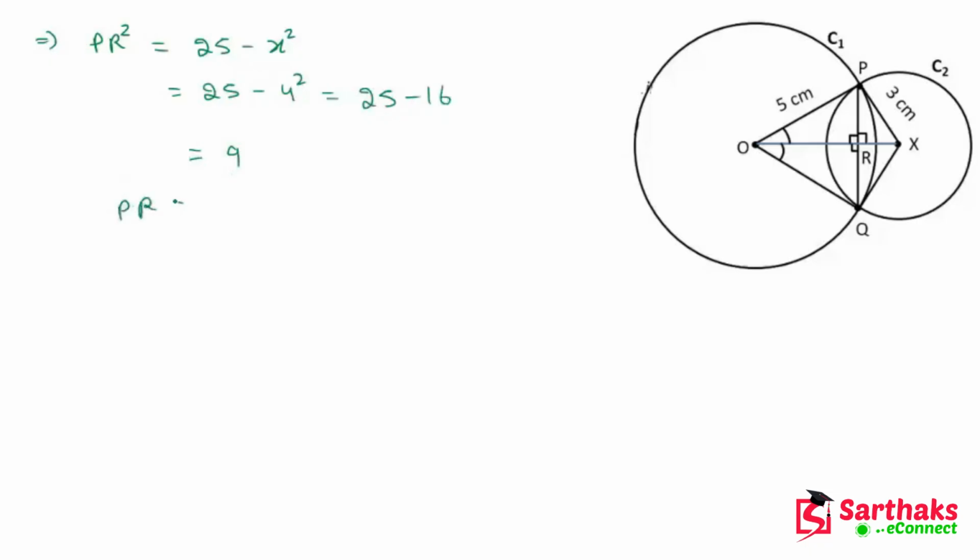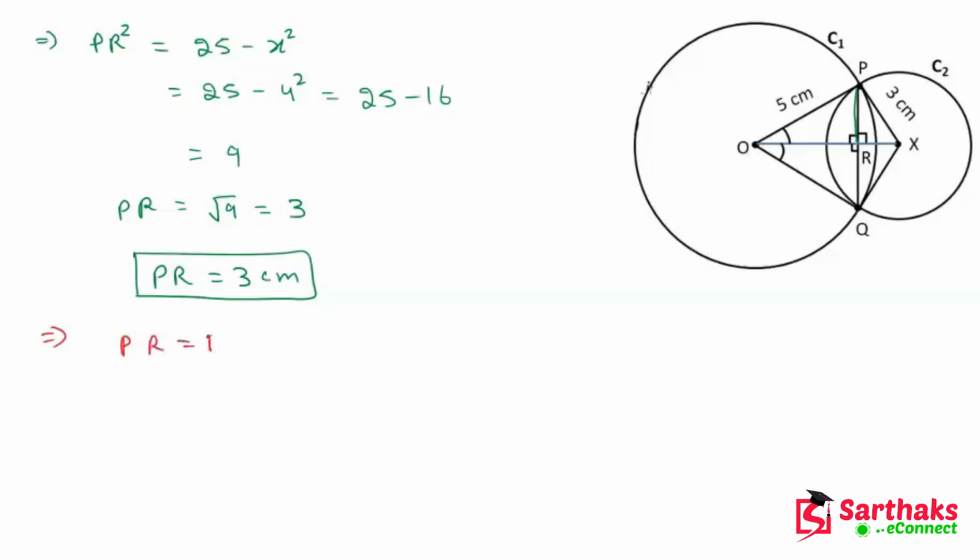So PR is what? Under root of 9. So this will be 3. So the value of PR is 3 centimeter. Okay, so PR is 3, and we know that PR is equal to RQ.